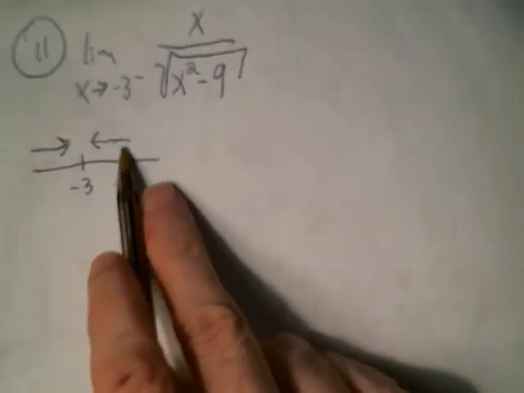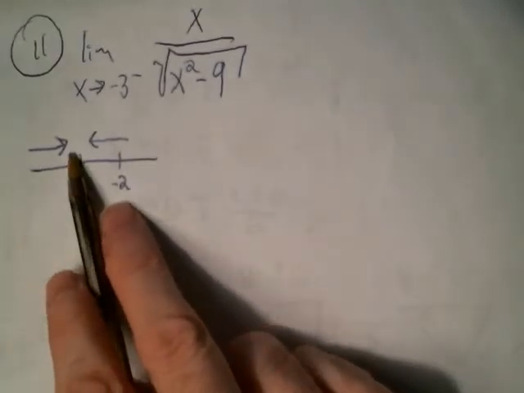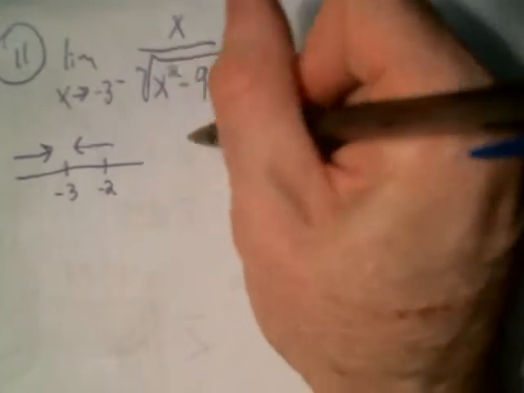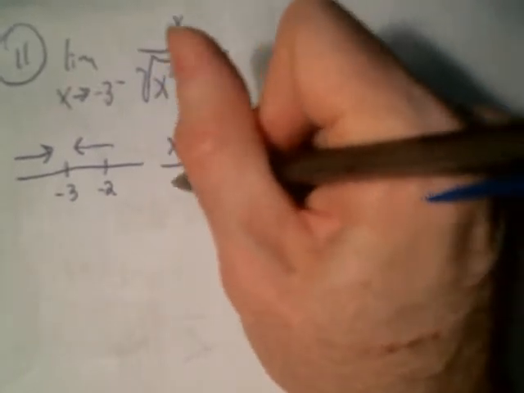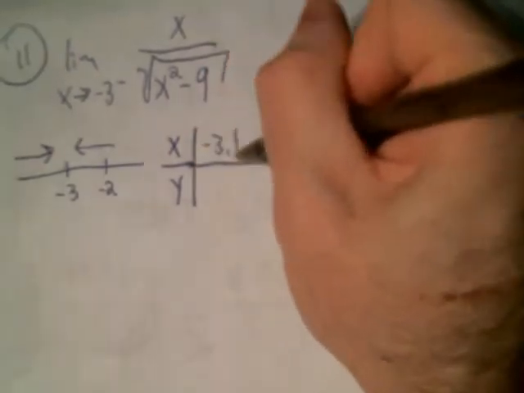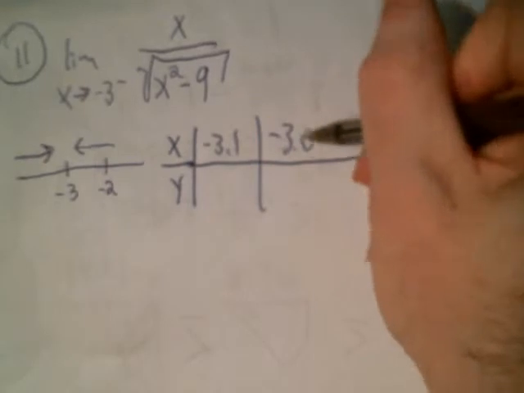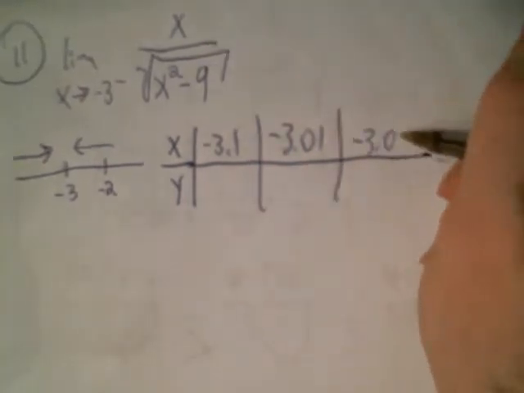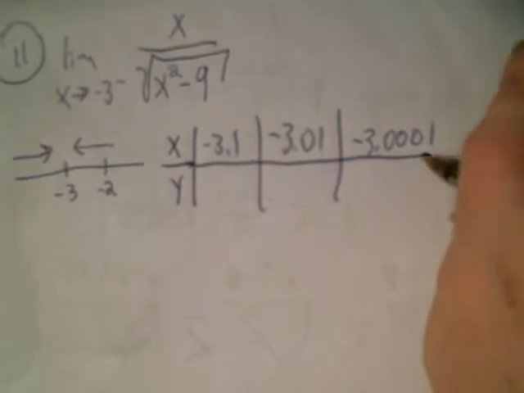So we can take the limit in this direction. That's what we're after. You can do a table of values if you want to. So x, y, and then you're looking at -3.1 and then -3.01, etc. Let's just put a bigger one in there.